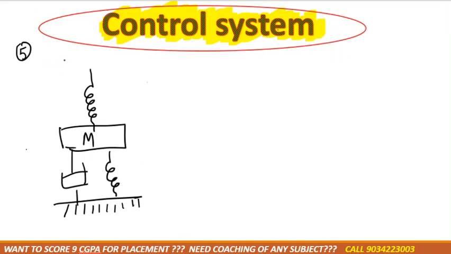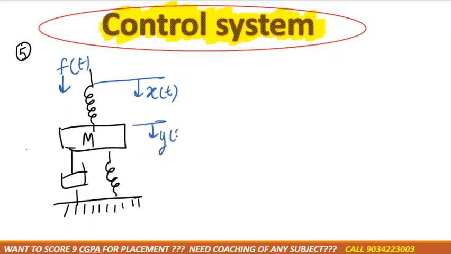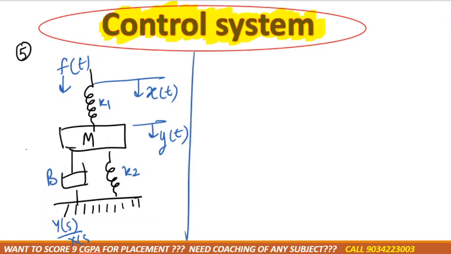In this they have mentioned F of t in the downward direction, then the spring displaced by x of t, then the mass is displaced by y of t. This is K2, this is K1, right? This is the B damper. And we need to calculate Y of s divided by X of s. Correct? Now see how we can do this.